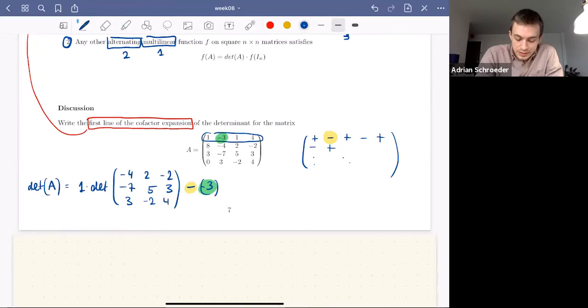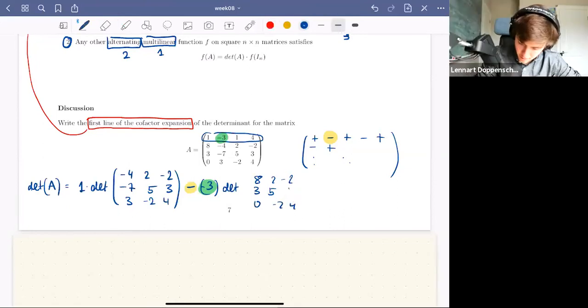Yeah, and then you just get the determinant of, in rows, 8, 2, minus 2, 3, 5, 3, 0, minus 2, and 4. Yes. And this we just obtain by forgetting this and this.